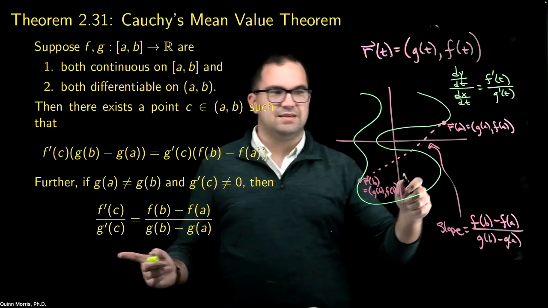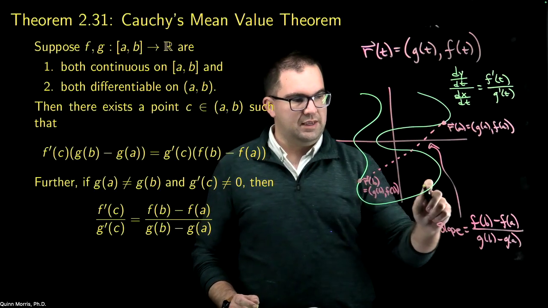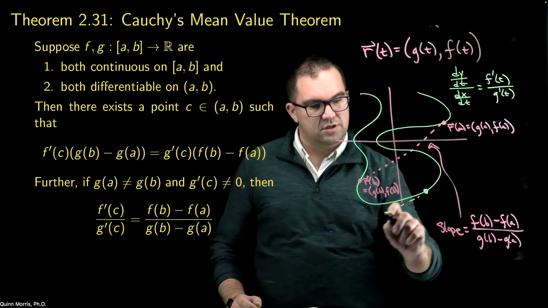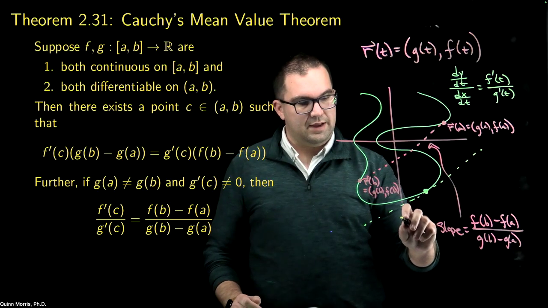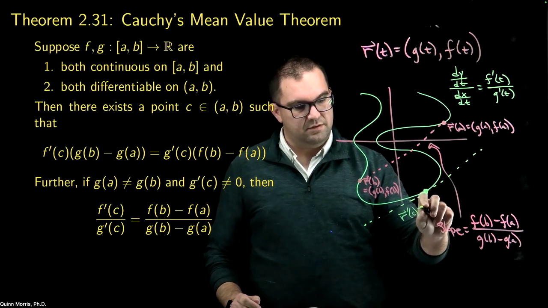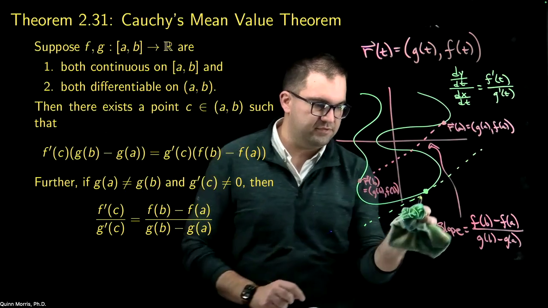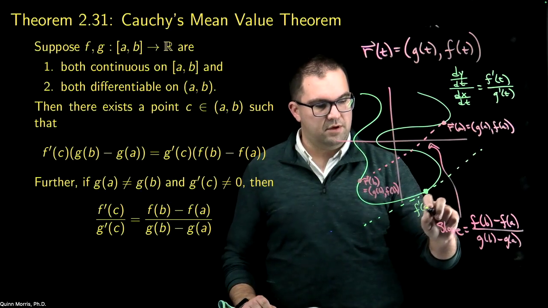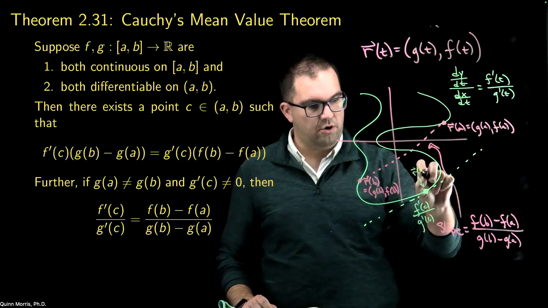What this is saying is there's some point c between a and b, maybe this point here, so that if I take the tangent line to the curve at this point c, the slope of this line would be f prime of c over g prime of c, assuming that this is the point r of c.